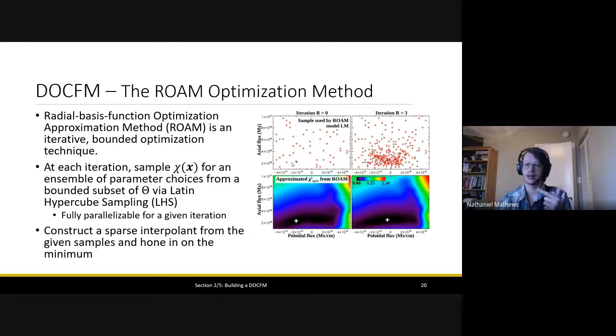We just do an L2 difference, a pixel-by-pixel difference of the two images, and then we minimize that smooth interpolated cost surface. When we hone in on a region, we do more evaluations where we think the minimum is and iterate on that. So we end up with a bunch of evaluations of our forward model and our observation synthesis near where we think the true parameters are.